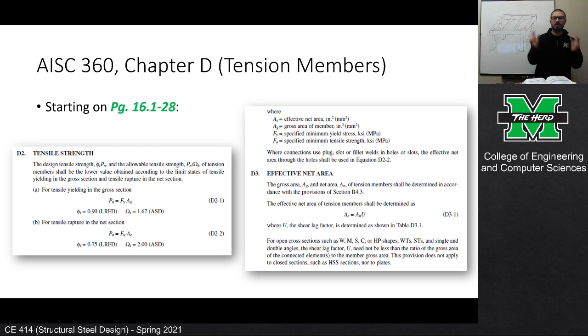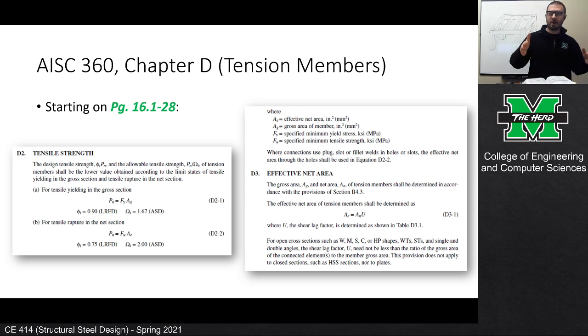But the net section occurs over such a small area of the member. Like here's the tension member, the net section is just this little bit right here. And as you're going to see later on, the stresses around the net section are a little weird anyways. There's a lot of stress discontinuities, and it's not as simple as the pretty P over A picture that we'd like to use.